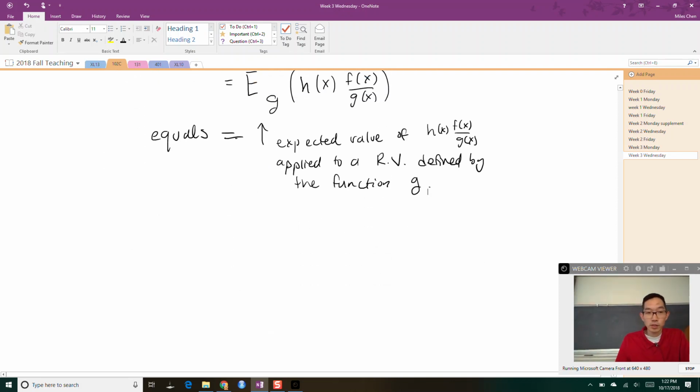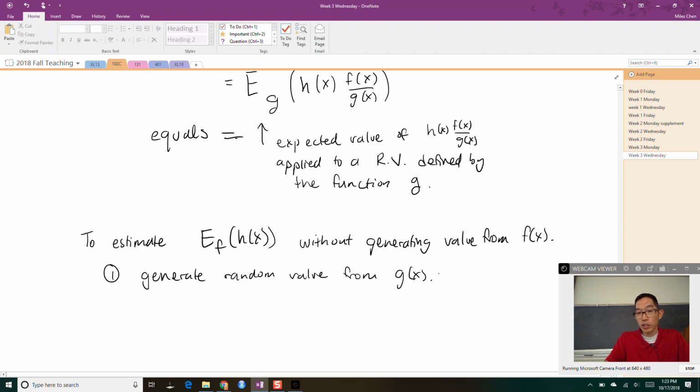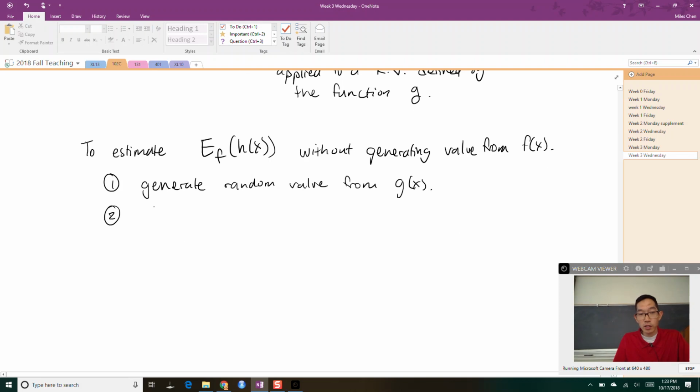Okay, and so now the method, to estimate this without generating values from f of x. Okay, what is our first step going to be? Generate random values from what? Exactly, random values. We're going to generate random values from g of x, and then we will apply the function.